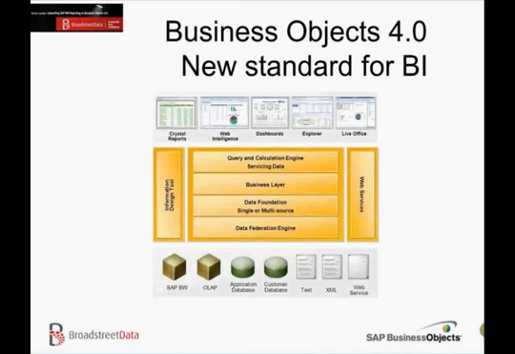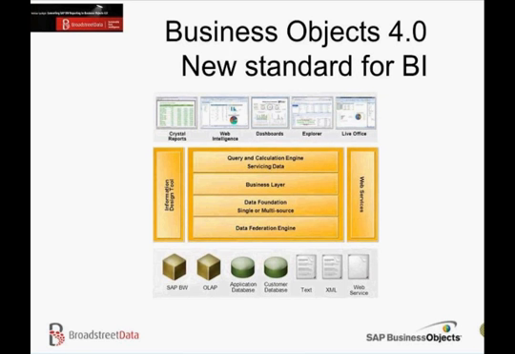Here we see the architecture of the BusinessObjects 4.0, where we have the 5 main applications: Crystal Reports, Web Intelligence, SAP Dashboards, Explorer, and Live Office, and we also have Analysis and other tools that are part of that suite that are also included in that architecture. The middle layer is the server tier.